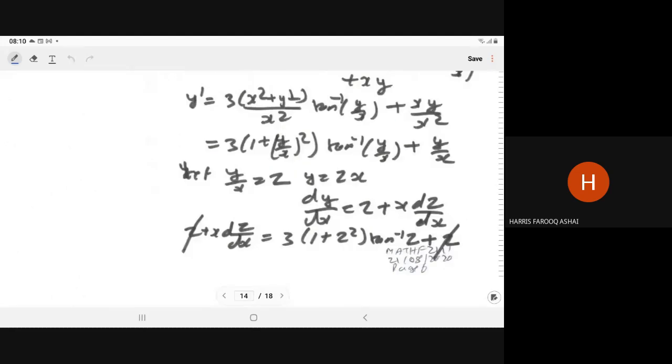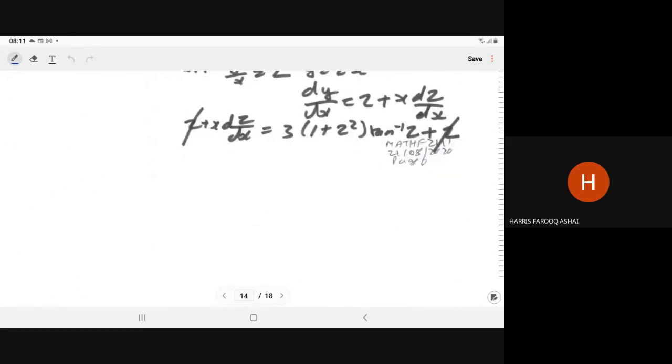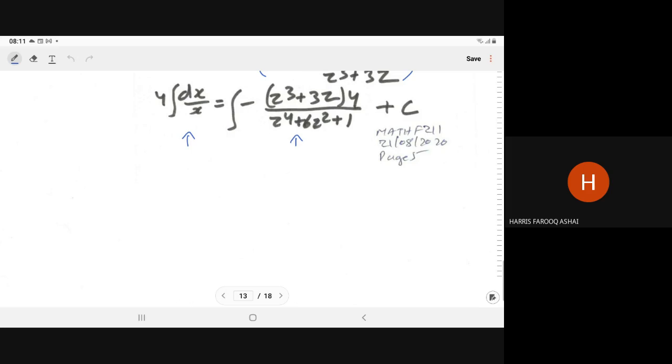After the integration, you will get 4 ln of x is equal to minus ln of (z to power 4 plus 6z square plus 1) plus ln c.